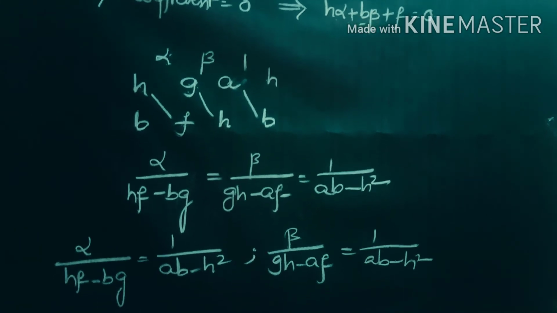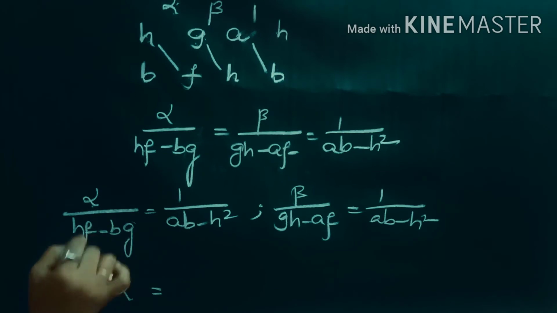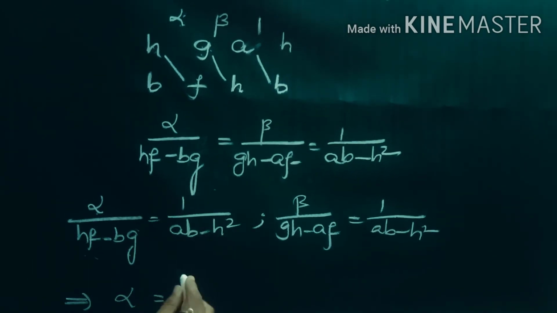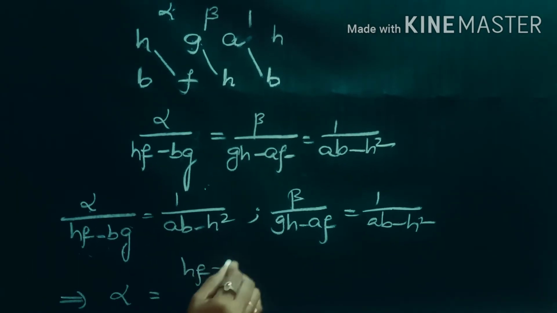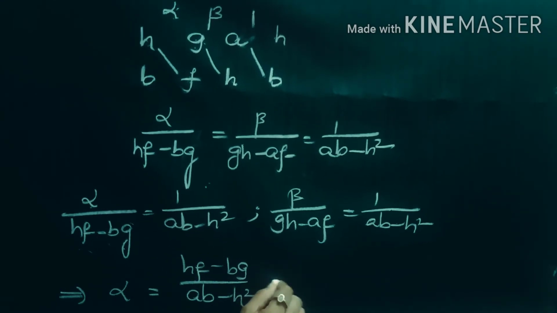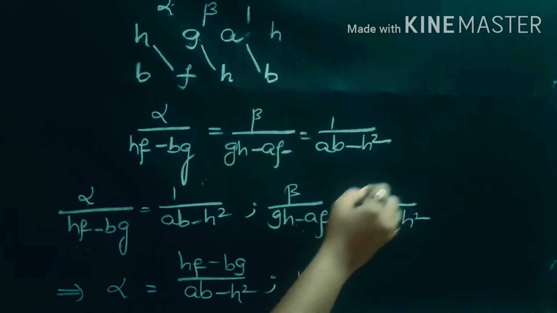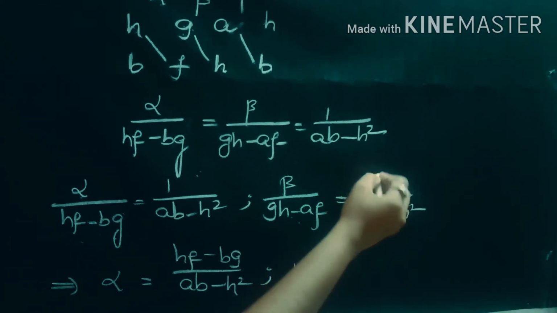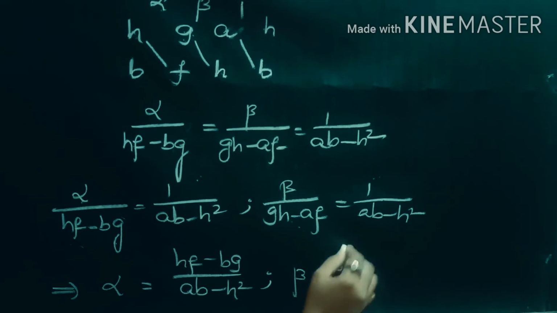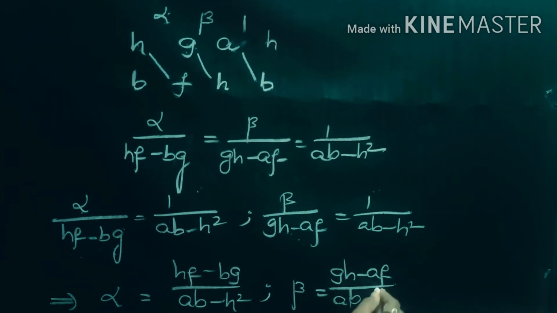That is, alpha is equal to hf minus bg by ab minus h square, and beta is equal to gh minus af by ab minus h square.